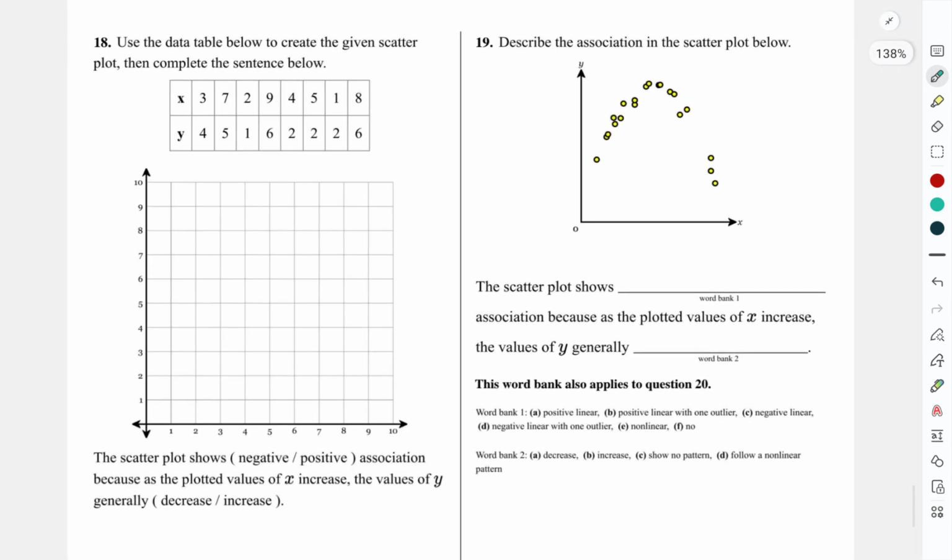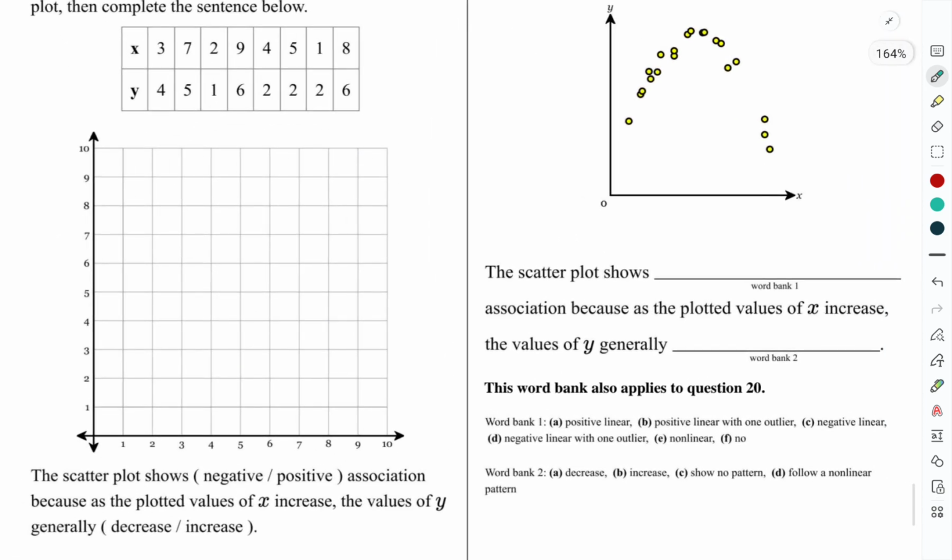Scatter plots. Graph your scatter plot. X value is 3, Y value is 4. Where they intersect, put a dot. And just keep doing that. 2, 1, 9, 6, 2, 5, 2.